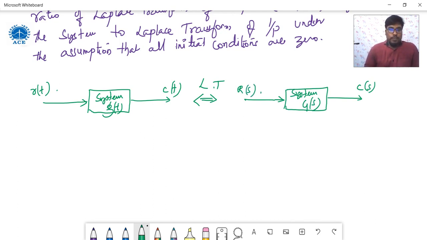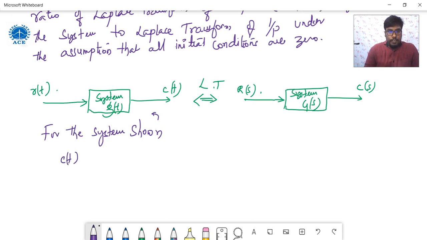So for the system shown above, c of t is nothing but the output, r of t is nothing but the input, and g of t is nothing but the system function.